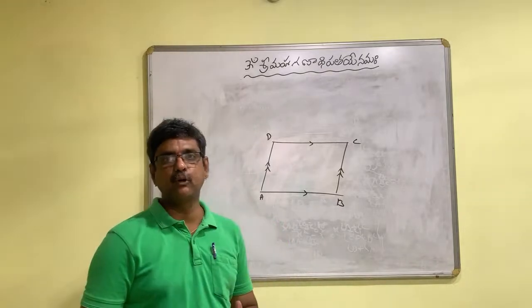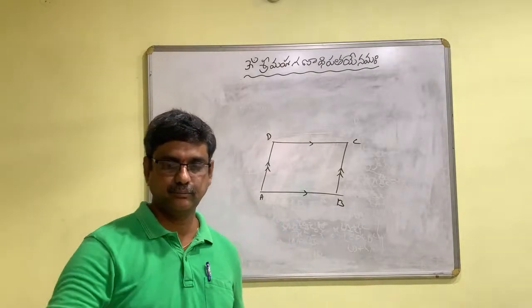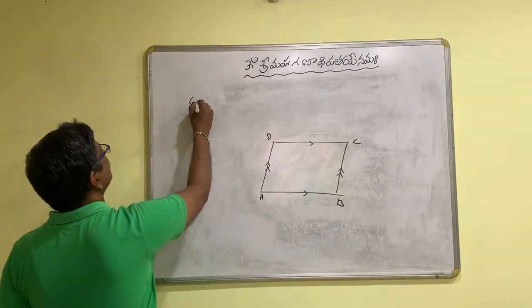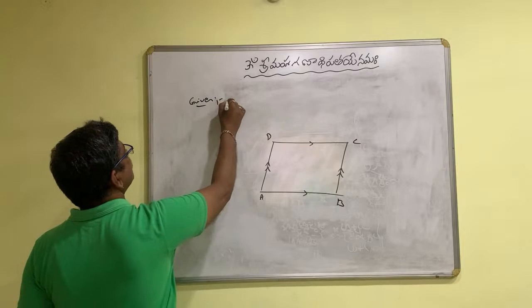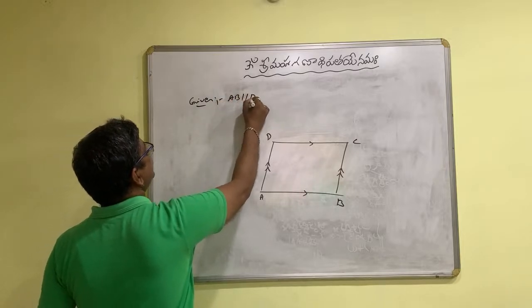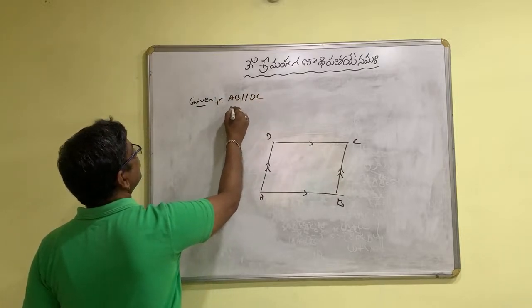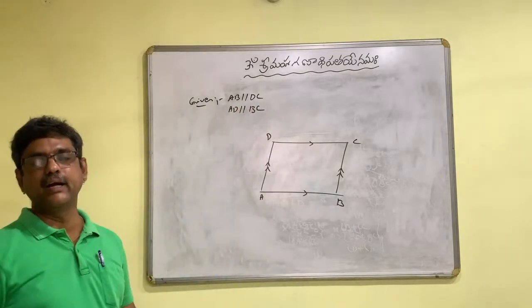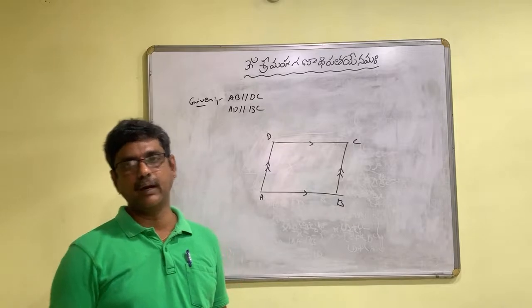Both pairs of opposite sides are parallel. Given, AB parallel to DC, AD parallel to BC. This is given according to the definition of parallelogram.